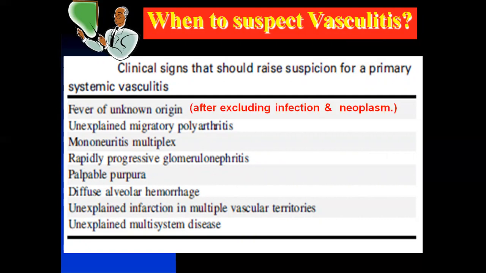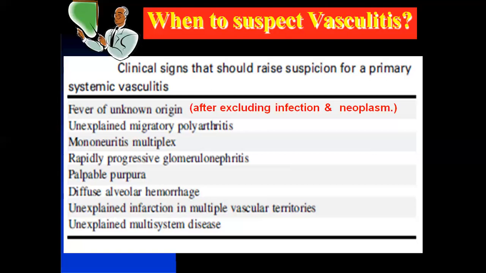We exclude infections and neoplasm, and say that we don't have a known reason for this fever. Then second is unexplained migratory polyarthritis. Polyarthritis means multiple joints would be involved, and the pain would be migratory. The patient will say sometimes a particular joint is affected, then it shifts to another joint, then shifts to another.